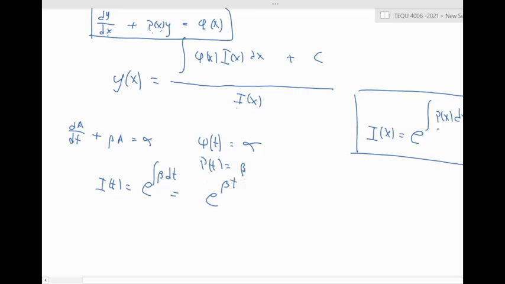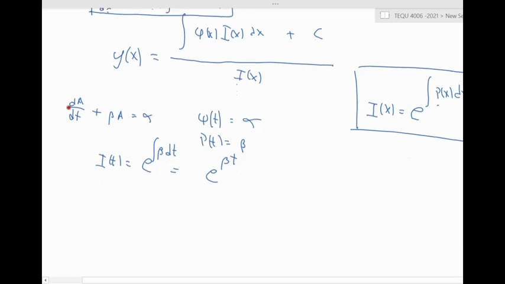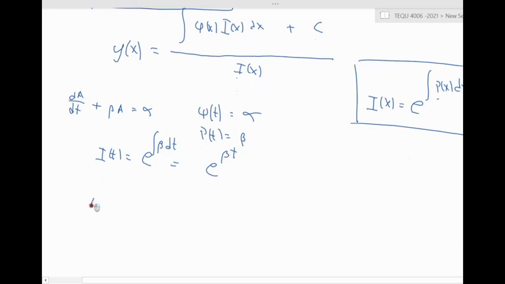And that's my integration factor that I need. So now my solution, A as a function of t, is equal to the integral of q(t), which in my case is alpha, times I(t), which is e to the beta t, dt, plus C, and all of that divided by I(t), which in this case is e to the beta t.